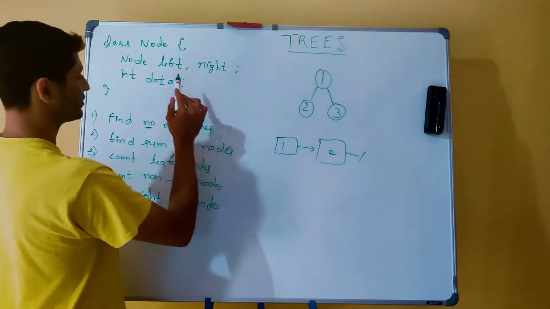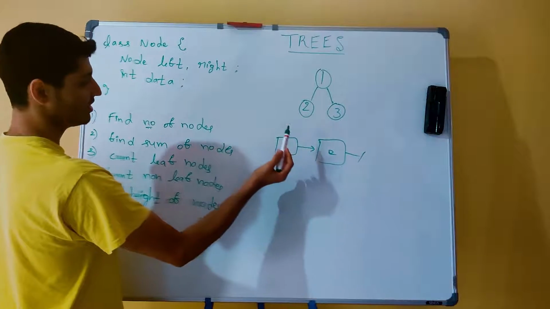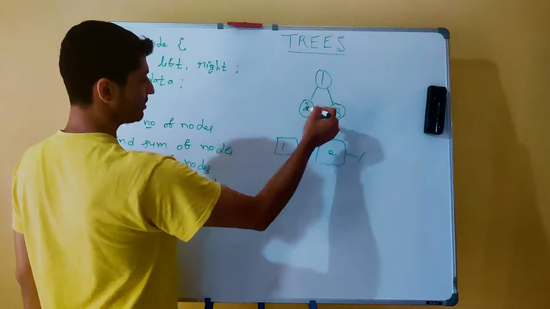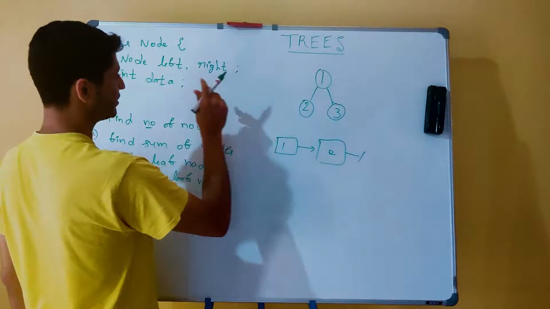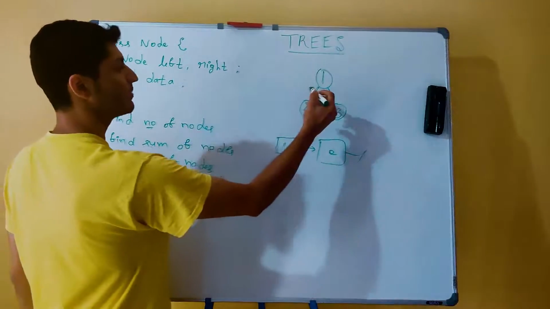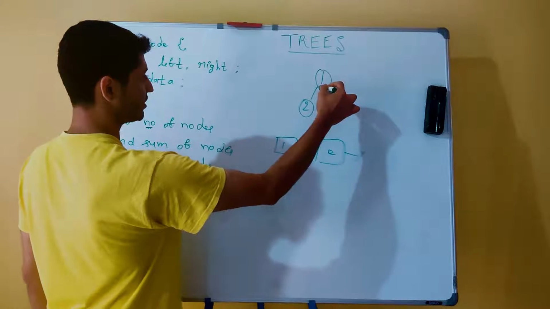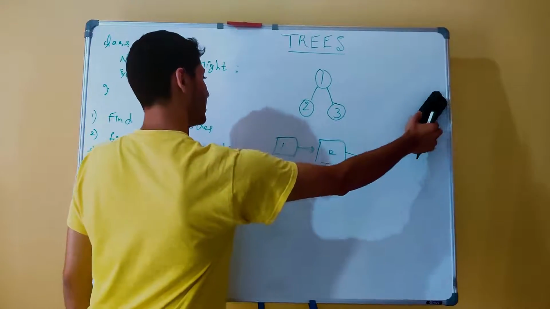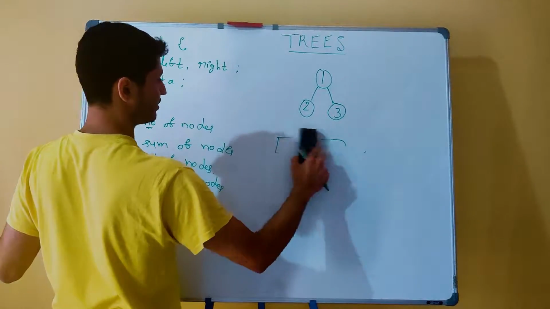Usually in a singly linked list there is only one link or one reference. Here in a tree, considering a very simple binary tree, we have two references. One is to its left child, one is to its right child. For every node there is a left child and a right child.